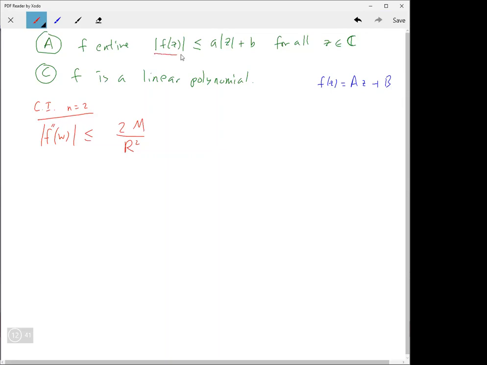But then we know that this is less than or equal to that, so the maximum is less than or equal to that.